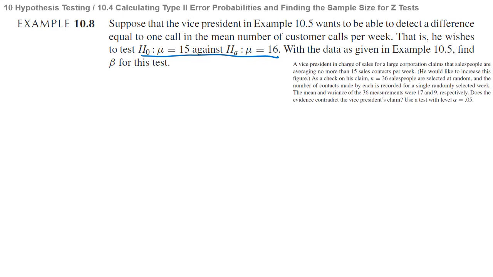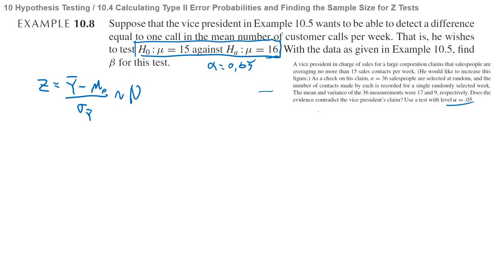Okay, so for this situation, step one is specifying the hypothesis and level alpha. So this is our hypothesis and alpha is 0.05 from here. The second step is finding the test statistic. The test statistic Z would be y bar minus mu 0 divided by the standard error of y bar, and this would follow a normal distribution.